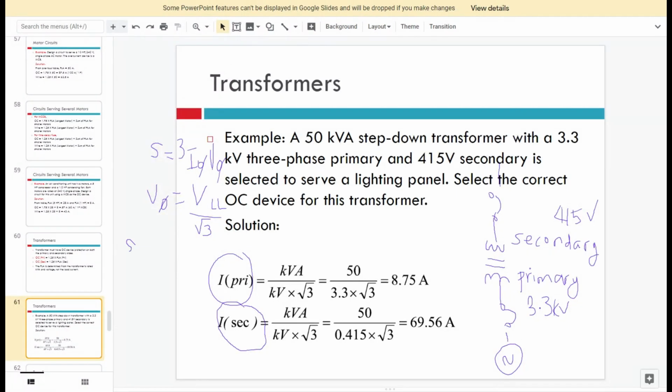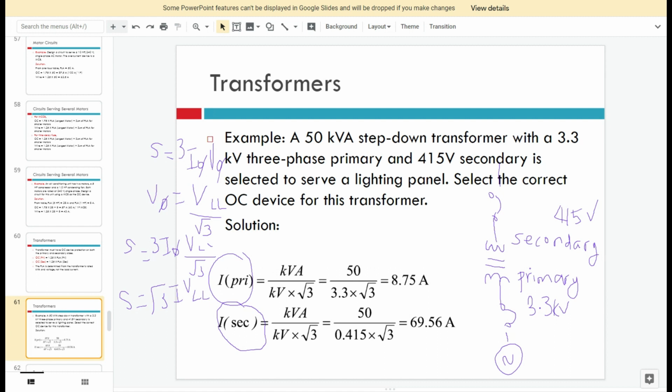So we have S equals 3 I phase V line to line over √3. Then you get S equals √3 I V line to line.